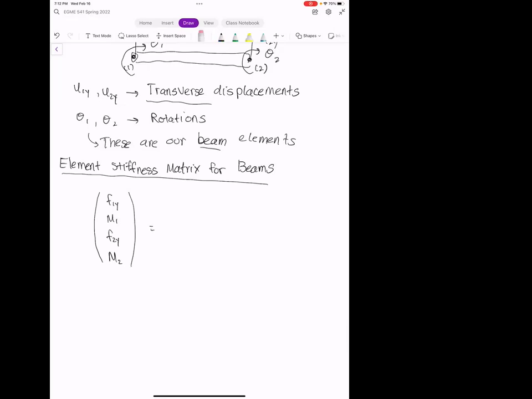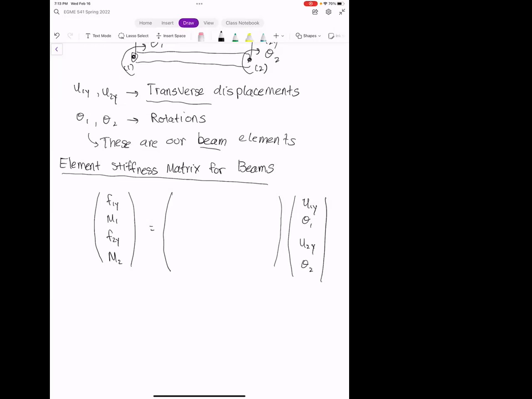Remember the stiffness matrix: it forms a relationship between the forces on the nodes and the corresponding displacements. So F1y is connected to U1y, M1 is connected to theta 1, F2y is connected to U2y, and M2 is connected to theta 2.